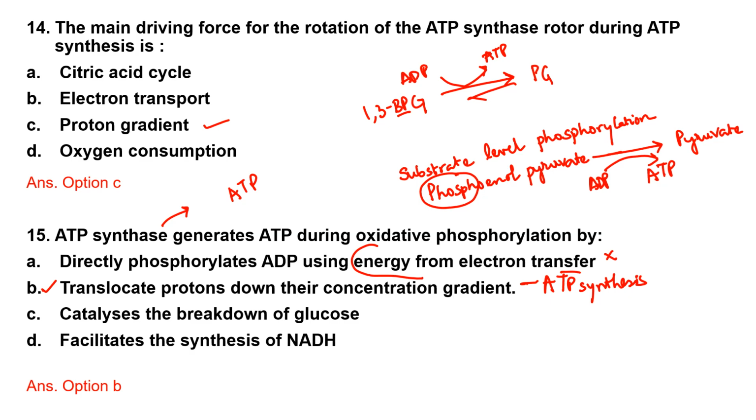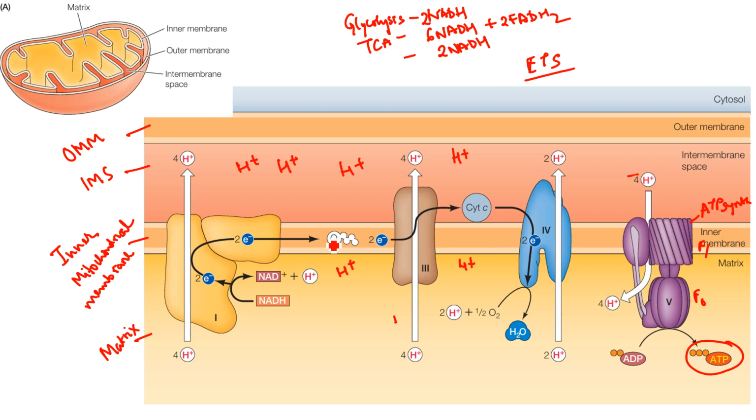of ATP. So the second part of this statement, the energy from electron transfer, is used for transporting protons from the matrix to the intermembrane space. This energy is not used for generation of ATP.